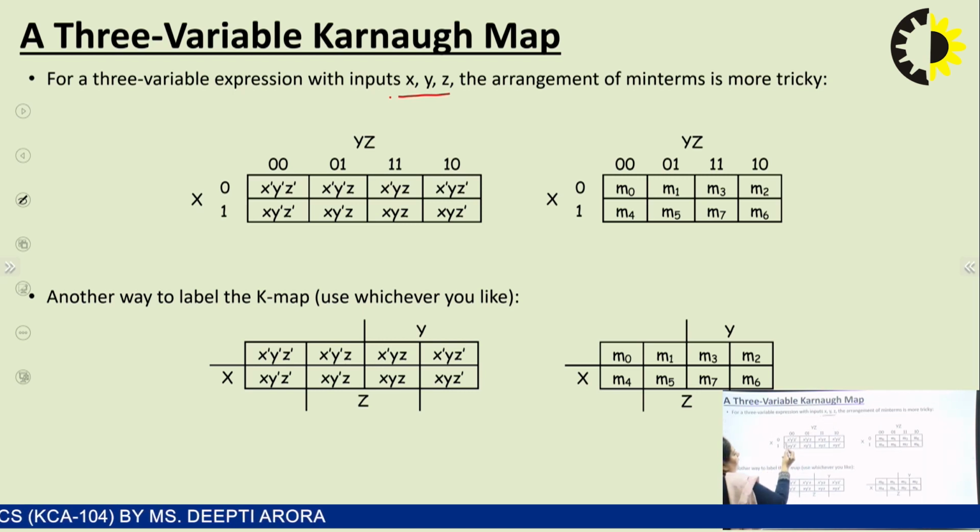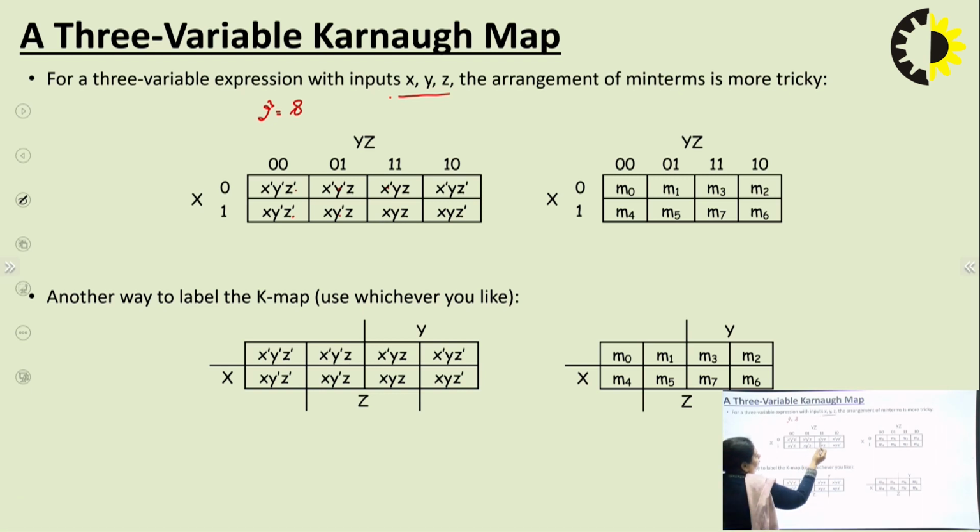So to represent it, we have 2 to the power 3, that is 8 terms. So we make 8 blocks here: 1, 2, 3, 4, 5, 6, 7 and 8. We write it as x and yz. x has 2 values, 0 and 1. For yz there are 4 values: 0 0, 0 1, 1 1, 1 0.